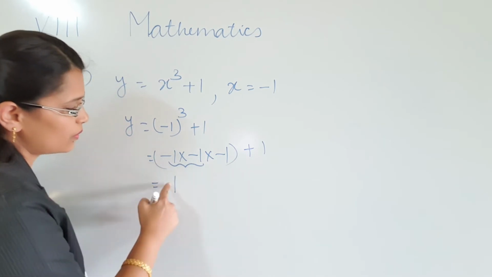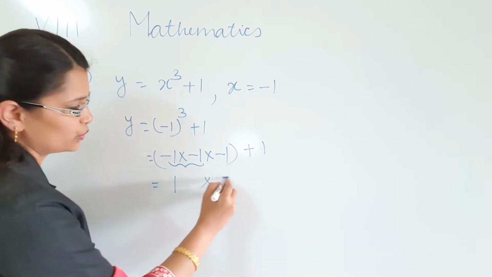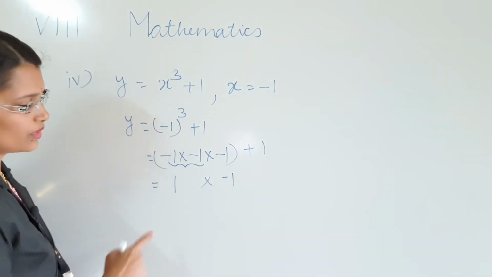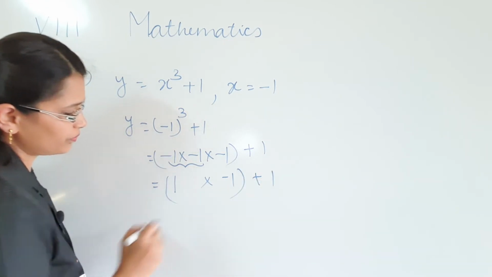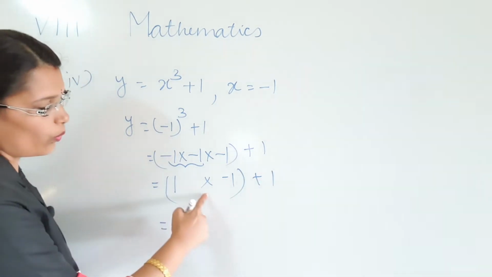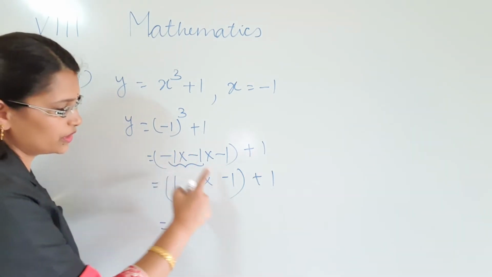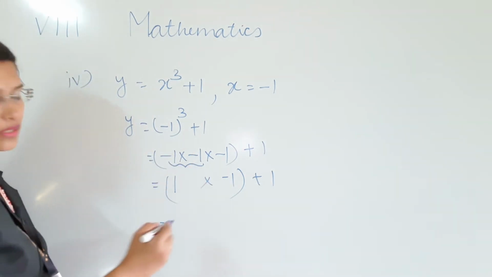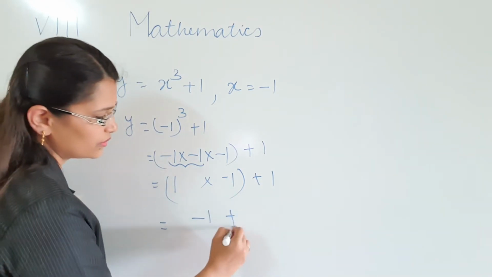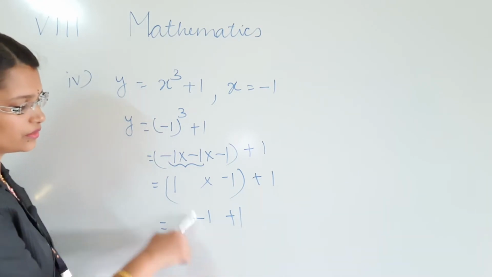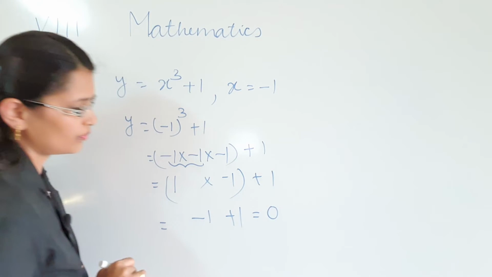This is 1, then into minus 1, then this plus 1 is equal to 1 into minus 1. Again this is positive, this is negative. Negative into positive, negative. Negative 1 plus 1. So again this is 1 minus 1 is equal to 0.